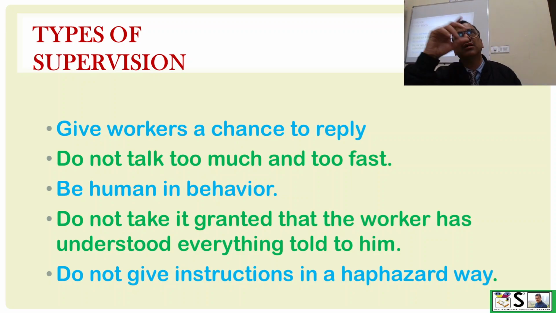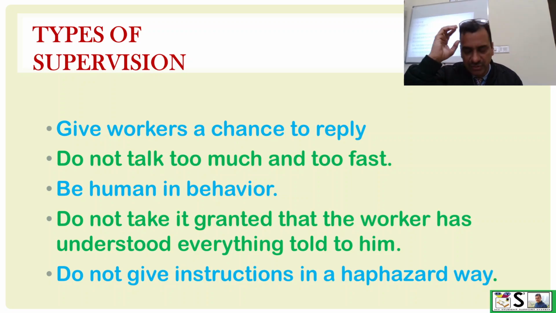Because when you are supervising someone and you have given some task, but the supervisee has not understood what they have to do, then they will definitely make mistakes. So you should be clear in your mind that yes, they have understood. You can ask them questions related to that and take feedback on what they have understood from this activity.